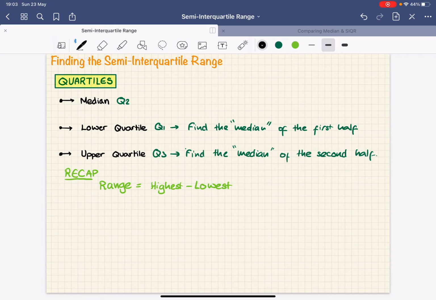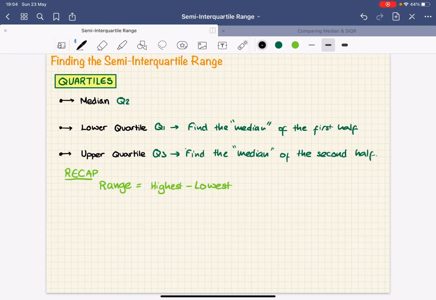The issue with range is it's not a very reliable bit of data, because if you've got a set of data and the highest number is suddenly about 20 or 30 more than all the previous data, which were a lot closer together, that really affects the range. So we don't like using it because it allows too many anomalies to affect it greatly.